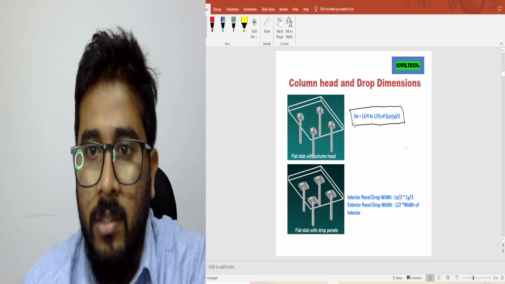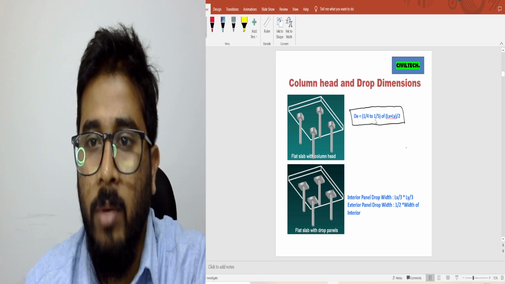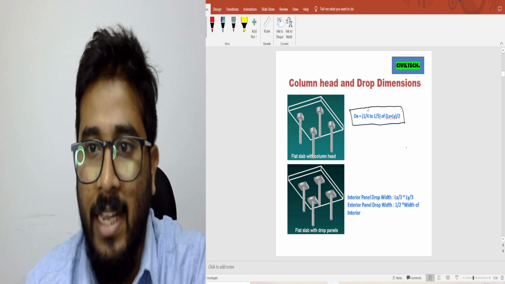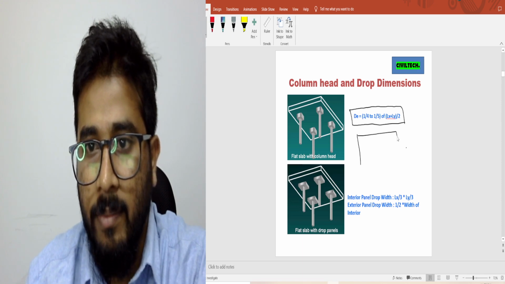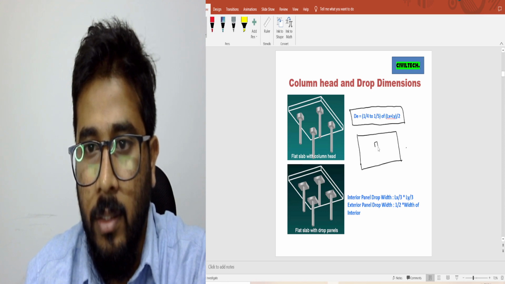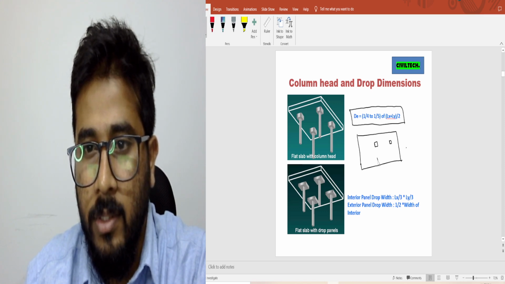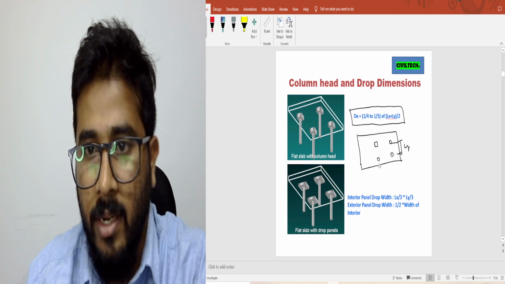To find the dimension DE, you can use this formula: 1 by 4th to 1 by 5th times of (Lx plus Ly) by 2. Now I'll explain what Lx and Ly are. Suppose these are your columns. This is the center to center dimension Ly, and this is the center to center dimension Lx.